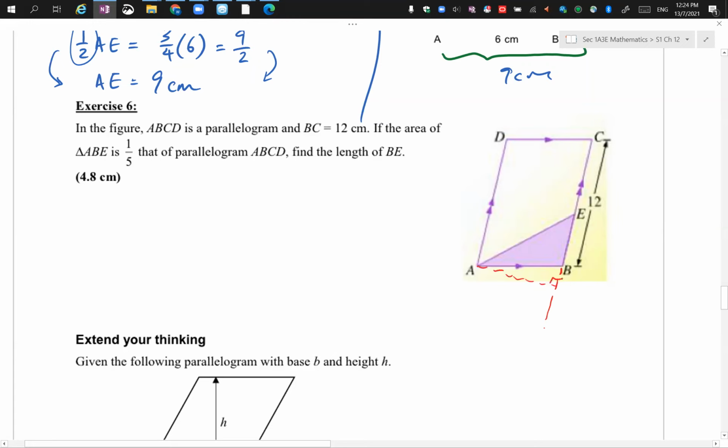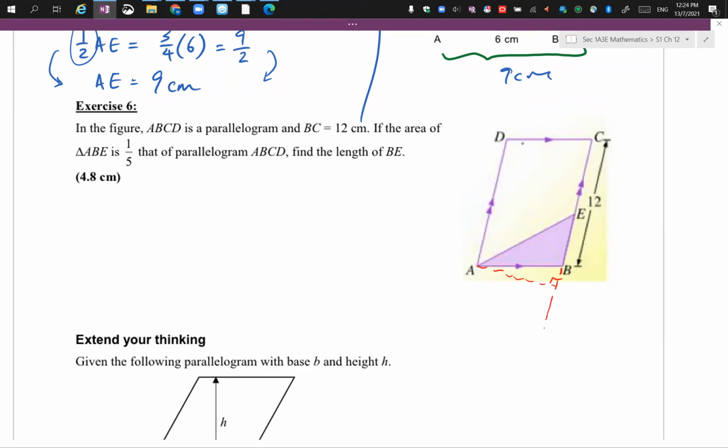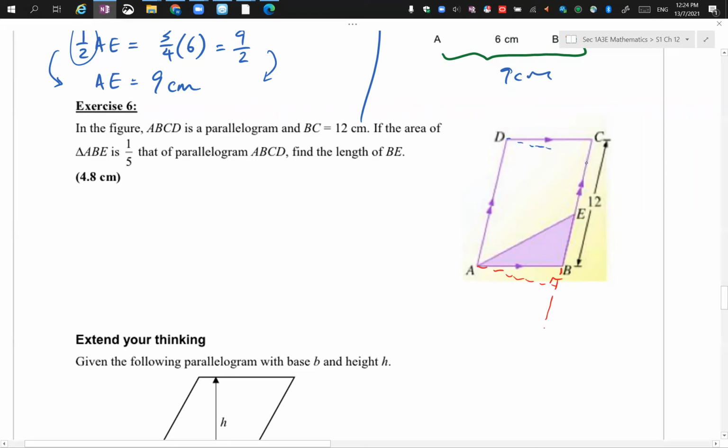Instead of extending, we can also do it this way on this side. Isn't it the same? Right? Both the blue and the red color dotted lines, are they both alternative perpendicular heights for the parallelogram? They are the same length. It's just that the base this time will be BC.